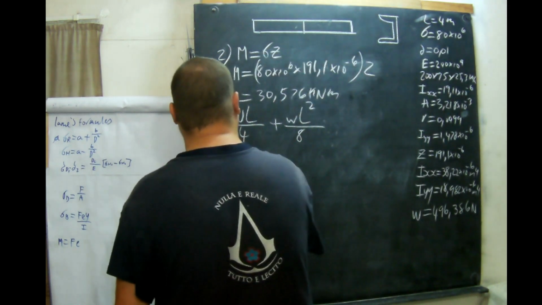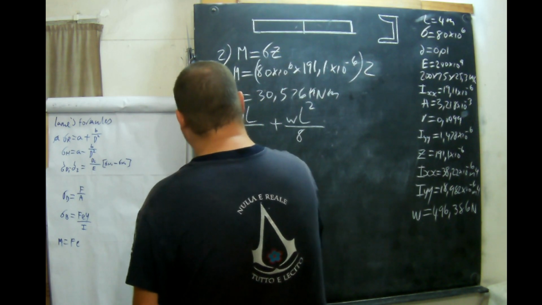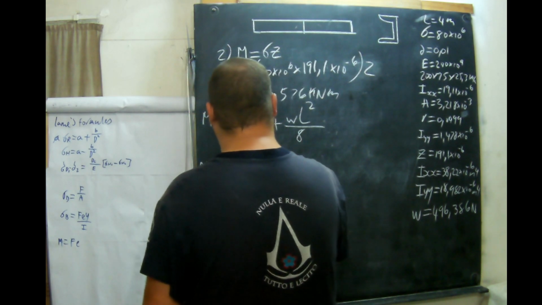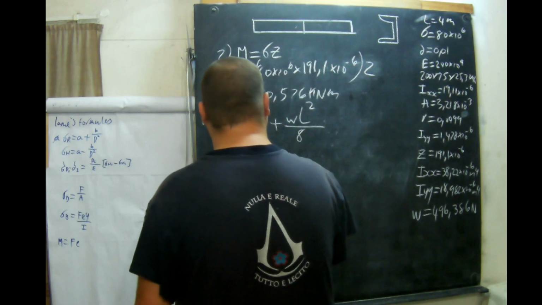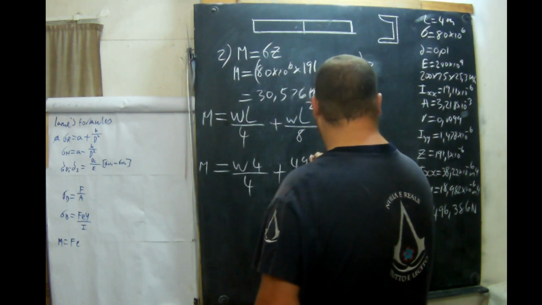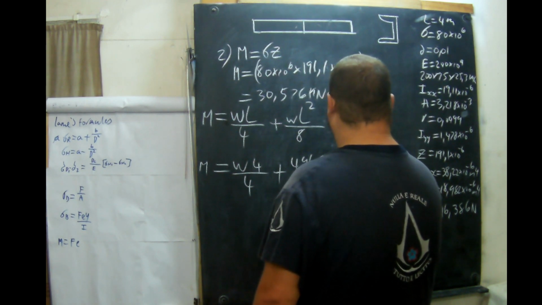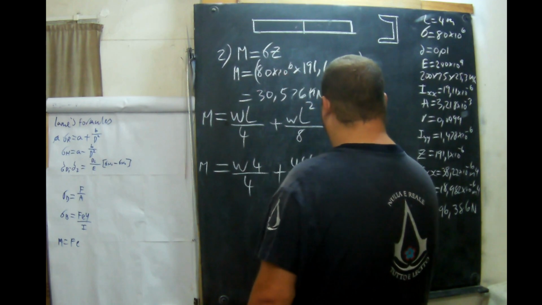So, with that in mind, we have M, L is 4 over 4 plus W, plus 496,386 times 4 squared all over 8.